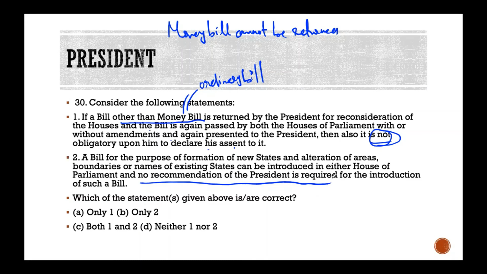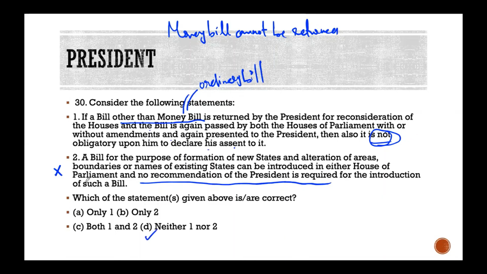Recommendation is required. So no recommendation is required means this is incorrect. Would you say this is wrong? You will eliminate this option? Yes, sir. And what about your option number 1? So neither 1 nor 2. Option D, neither 1 nor 2.